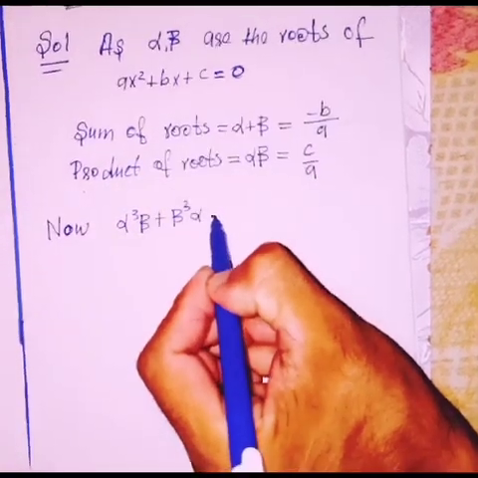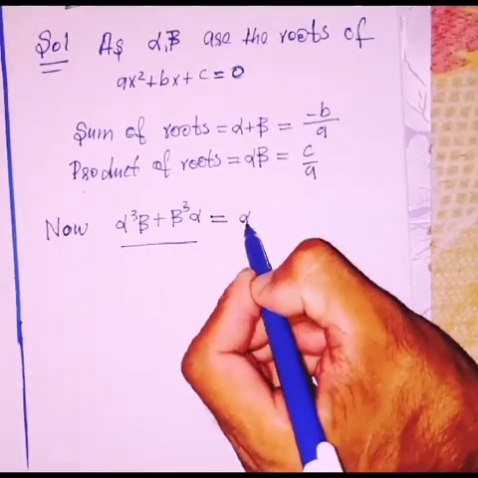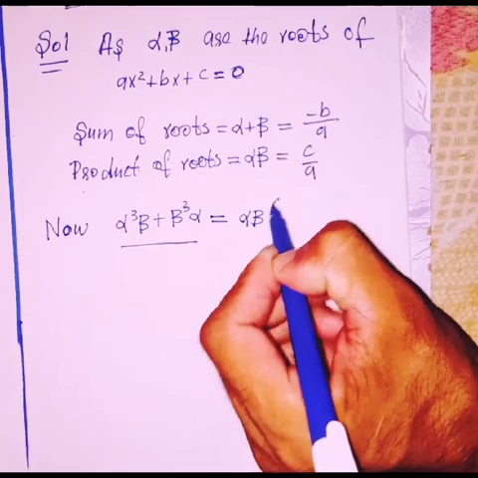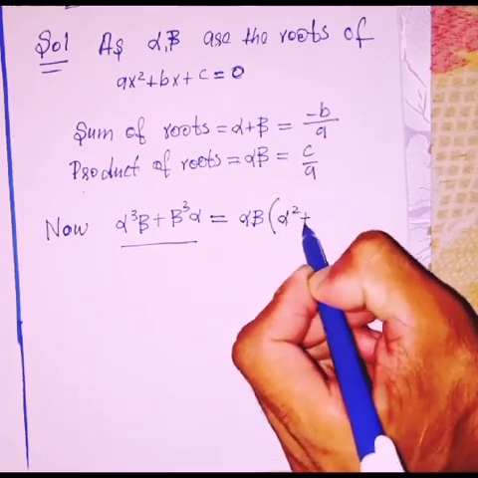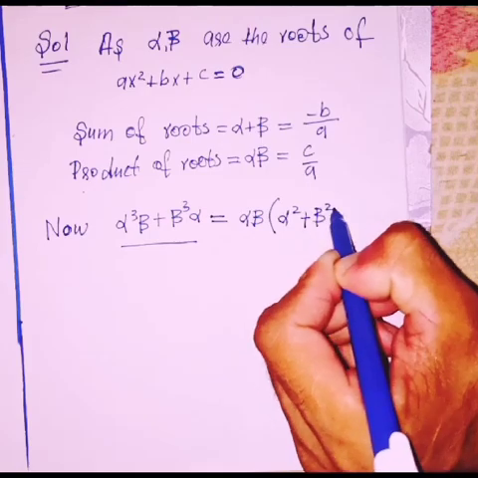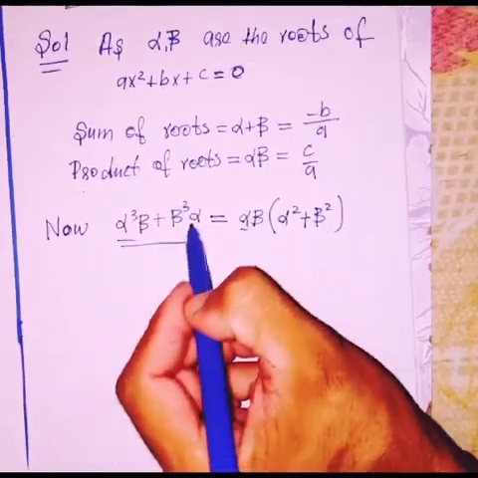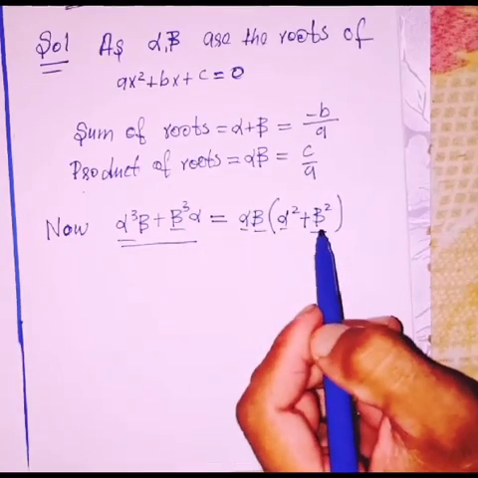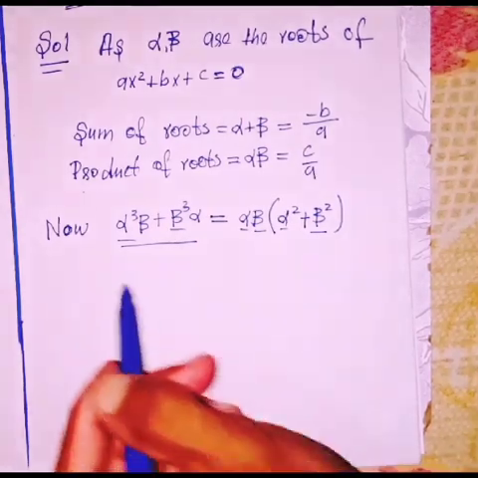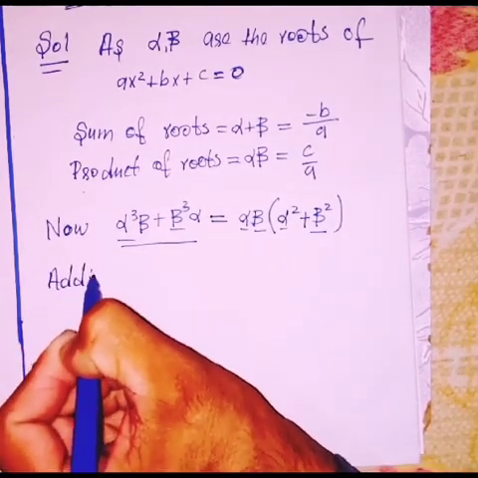Now as we are given alpha cube into beta plus beta cube into alpha is equal to, if we take alpha beta as common, we get alpha square plus beta square, because from here we take alpha as common and beta as common.